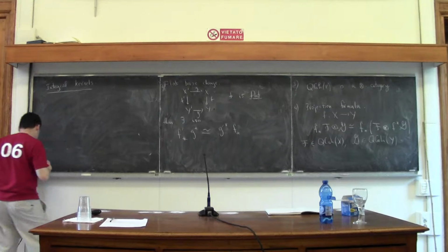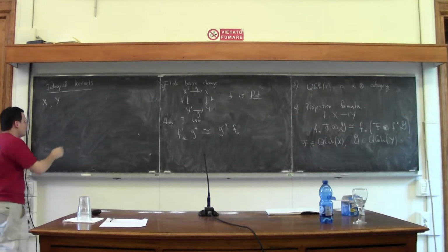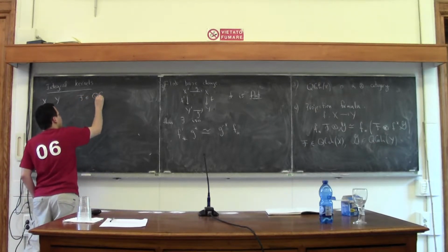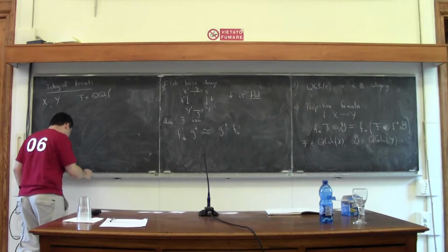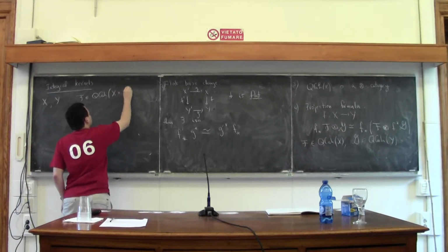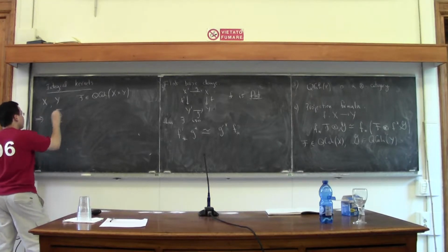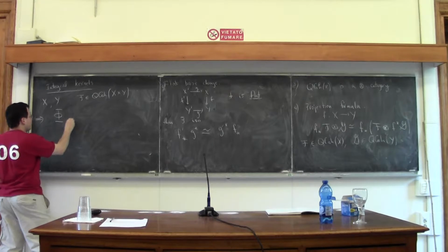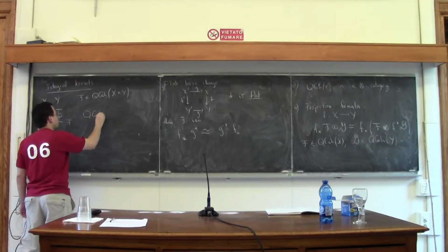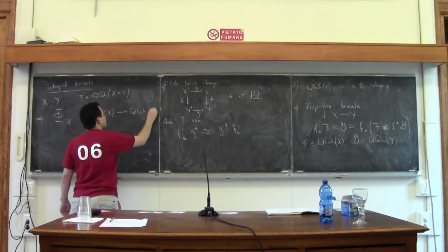If I have X and Y and a sheaf F on the product X cross Y, this gives me a functor E sub F from quasi-coherent sheaves on X to quasi-coherent sheaves on Y.